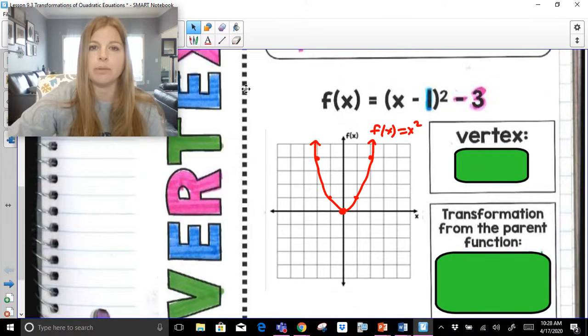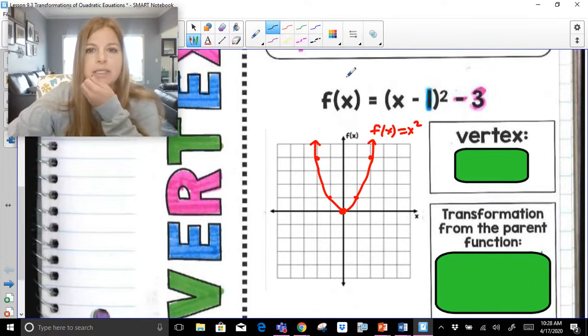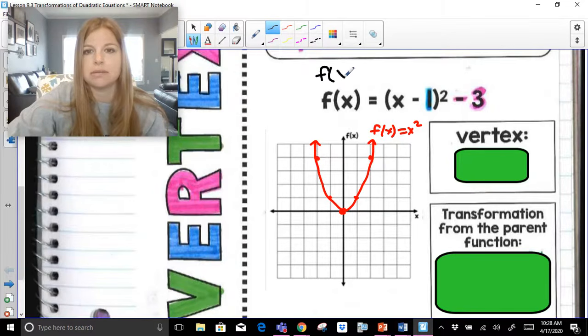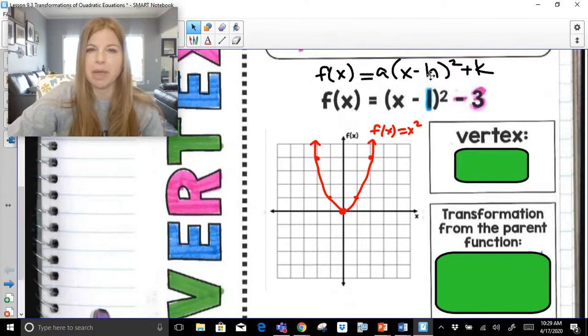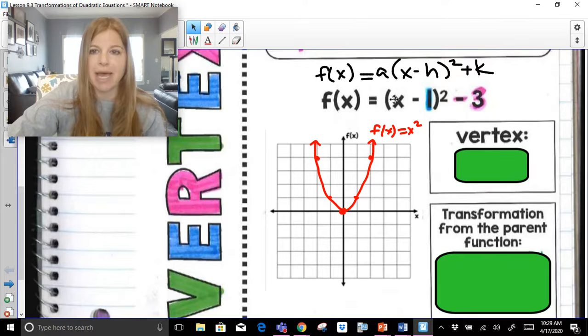Now, the form for the equation is f of x equals a times x minus h squared plus k. So here, let's take a look. If my h is my x value for my vertex, and I see x minus 1, but my form is x minus h, well, my x minus is there, so my h is actually that 1.